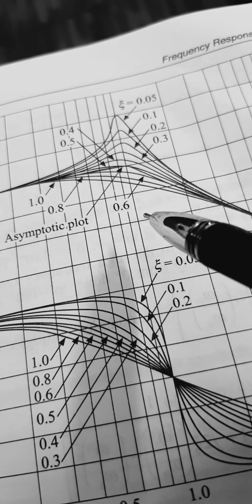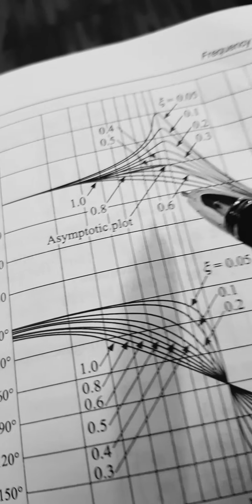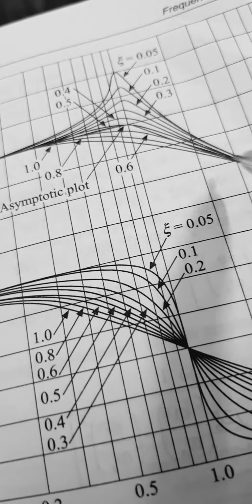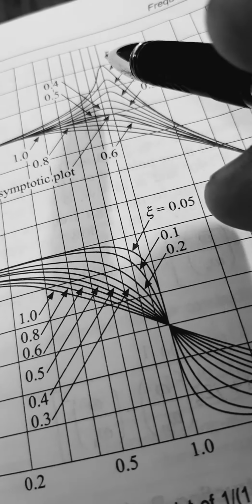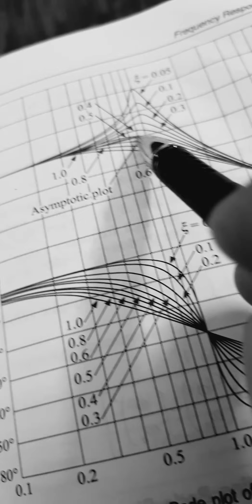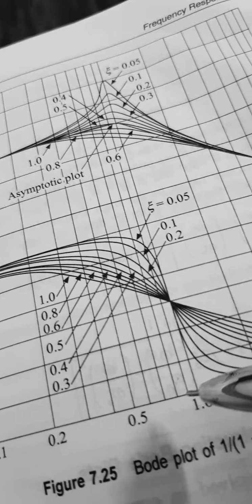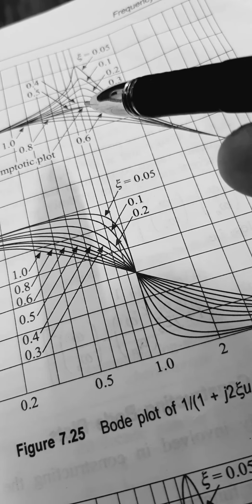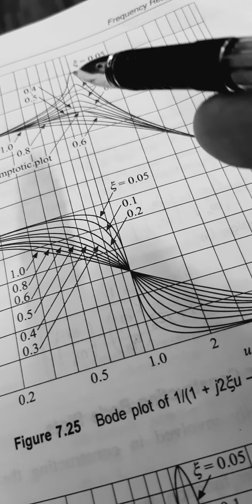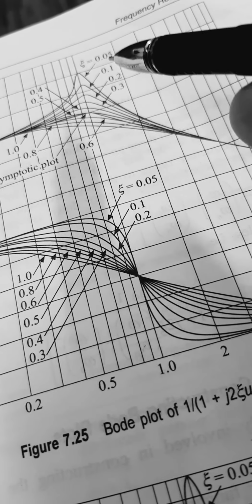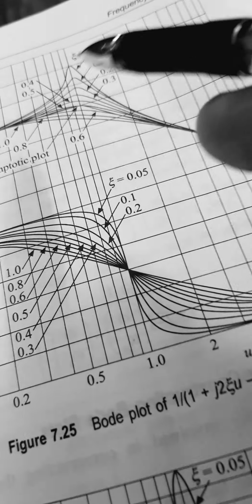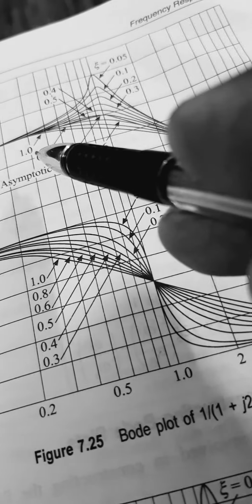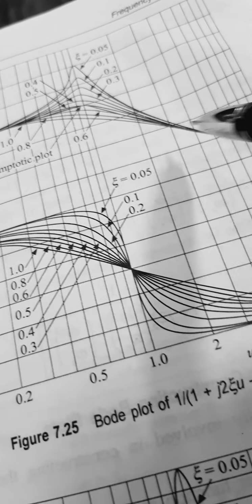At xi equal to 1, you are getting an almost flat curve. For xi equal to 0.0, you are getting the highest resonance, after that the resonance is decreasing.